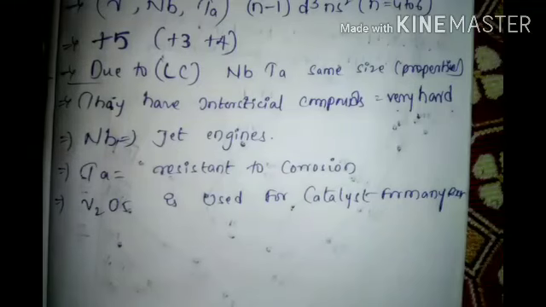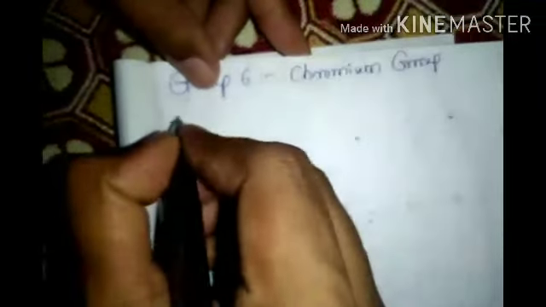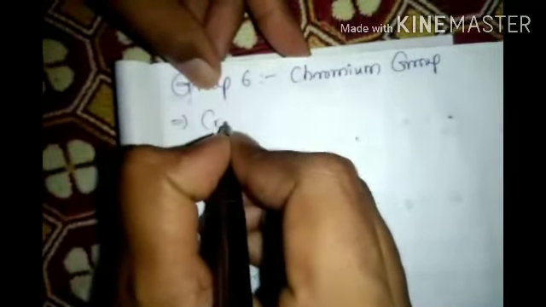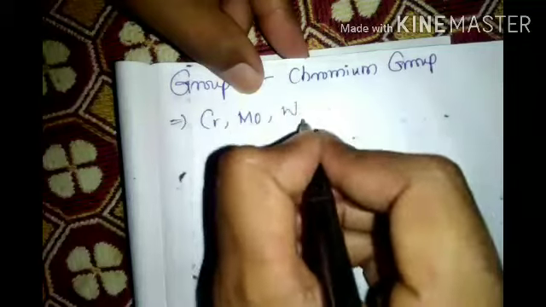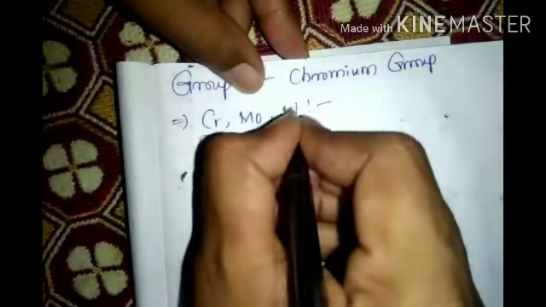Now Group 6 elements, the chromium group: chromium (Cr), molybdenum, and wolfram, which is tungsten.